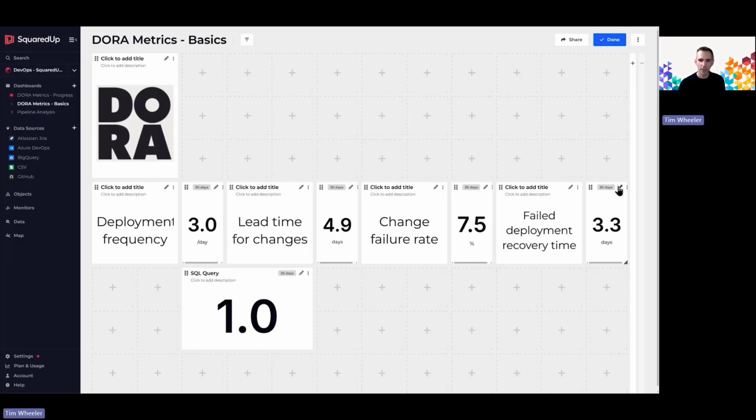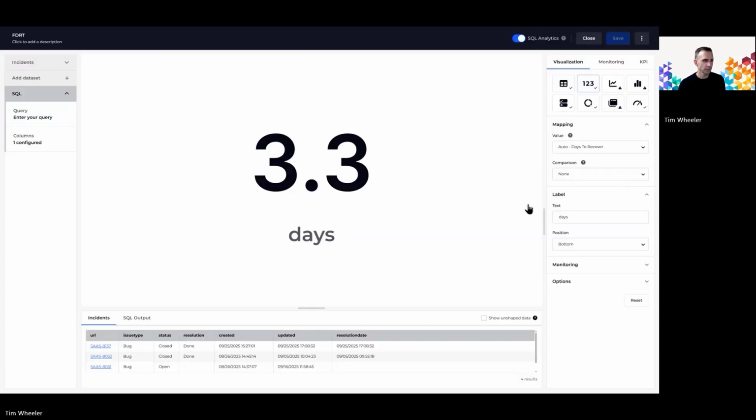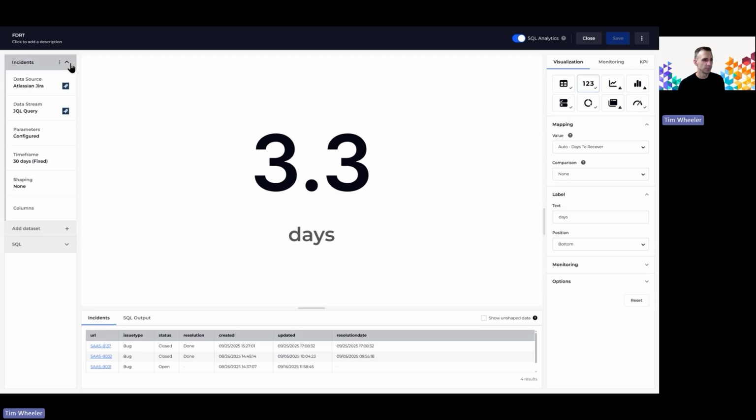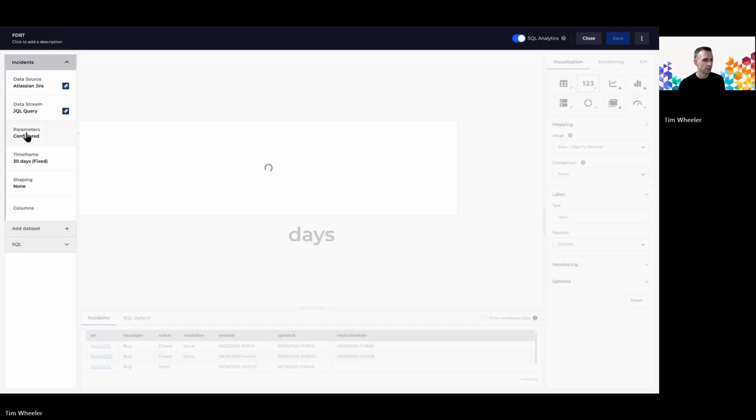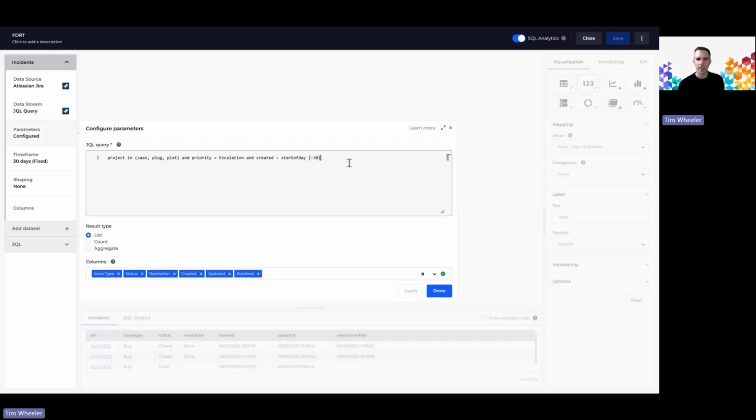And lastly, but not least, we've got failed deployment recovery time. So here I've just taken the number of incidents. So again, coming out of JIRA. And I'm actually pulling this back using JQL. So you can always execute this in JIRA itself and then copy it here.